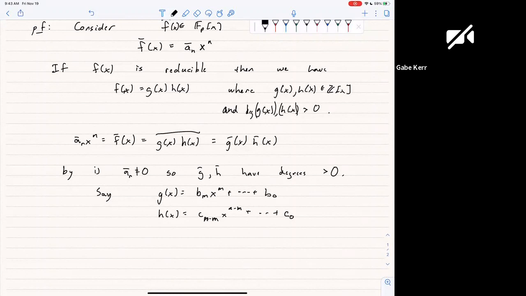Well, one thing we can say is, this is extraneous, but I'll say it anyway. We can say b_m c_{n-m} equals a_n, so leading terms.